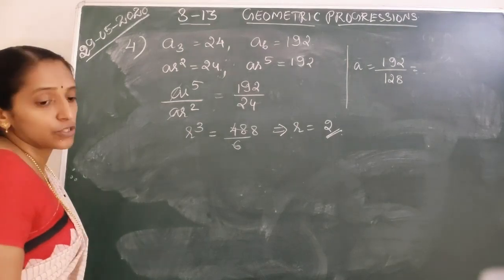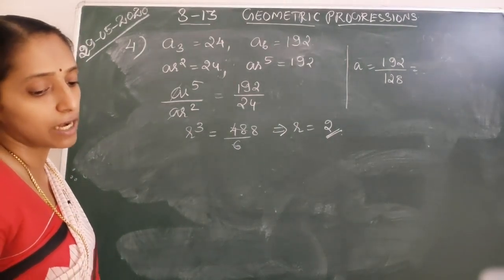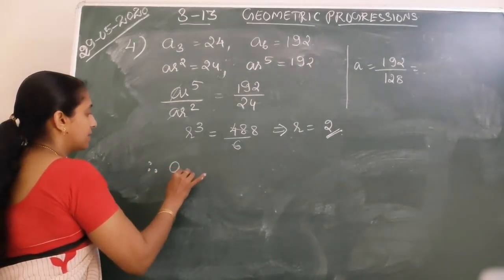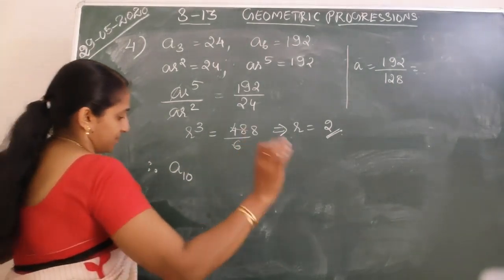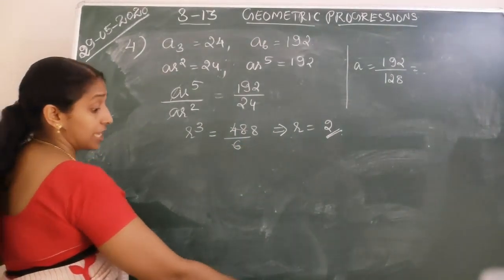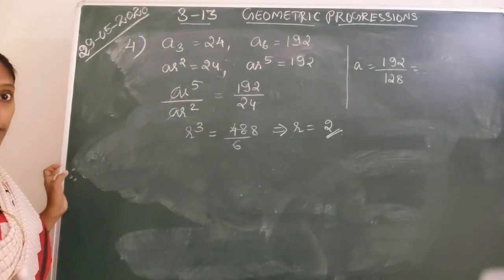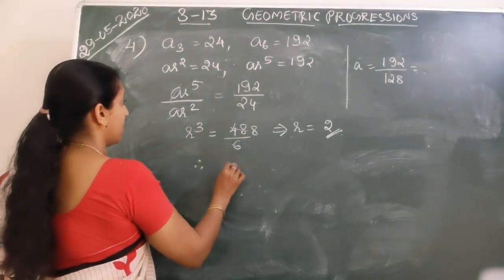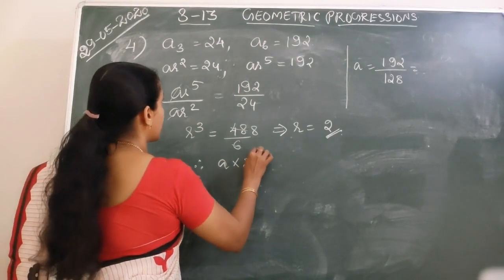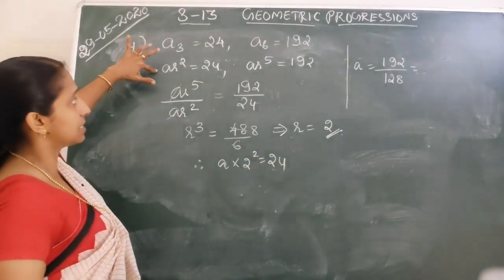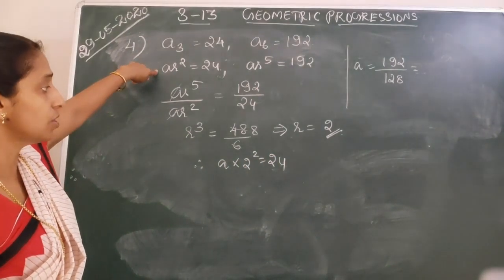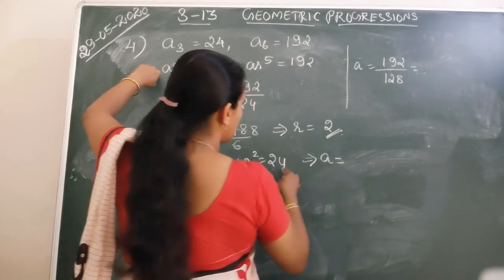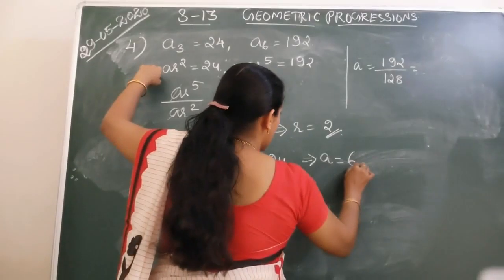If you got R as 2, what you have to calculate? You have to calculate the 10th term, therefore A10. R only we got, we have to calculate A also, because A is not given. Substituting in AR square equal to 24, A into 2 square equal to 24 implies A will be equal to 24 by 4, which is 6.